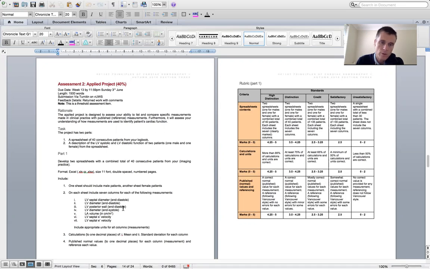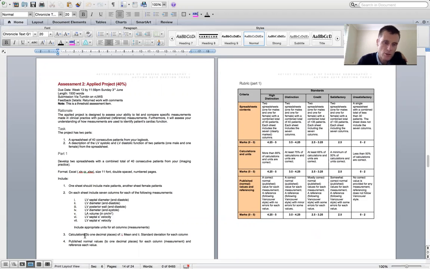The first 4 are measurements that are taken from the parasternal long axis view, and they're linear 2D measurements of the left ventricle, and then the others are from different apical measurements: left atrial volume calculation, left ventricular septal S prime, and left ventricular septal E prime. So they're the 7 measurements that need to be included for each patient.